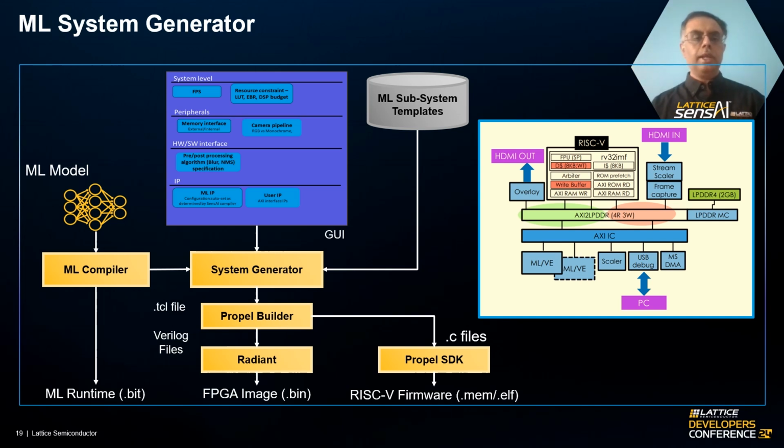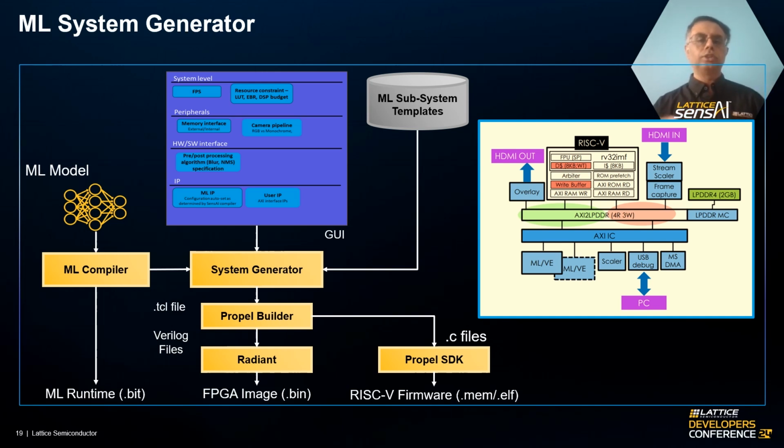The second input is the neural network model itself. The model carries a lot of information, like what kind of operations are used, what is the hierarchy, and what is the max memory required during inferencing time. Those are already there in the model itself, so we take the model as an input to this system generator.